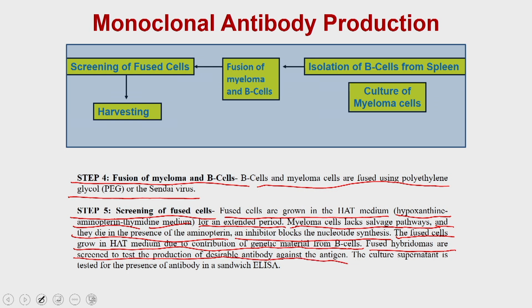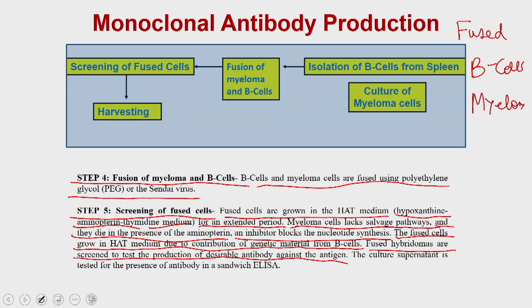So, once you have the hybridoma cells, or the fused cells, what you are going to get is the fused cells, the B cells which have not been fused, and the myeloma cells.